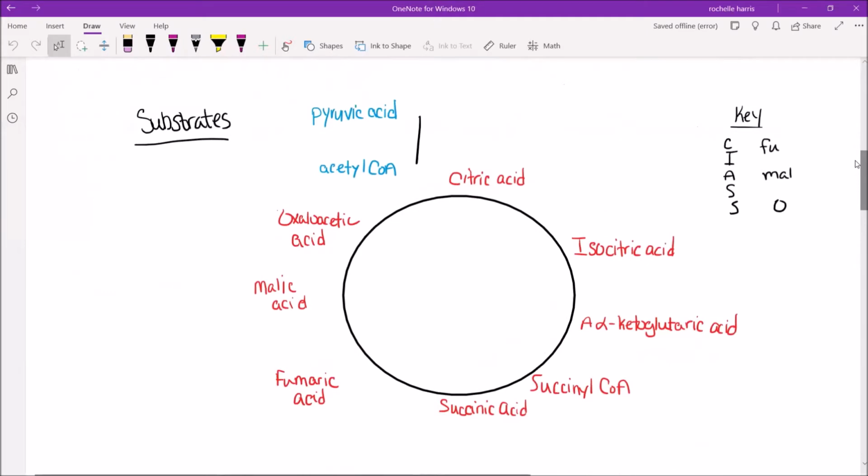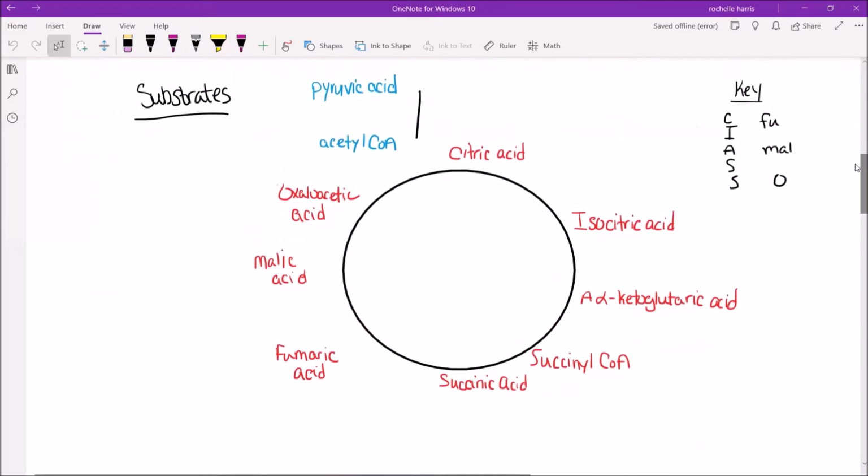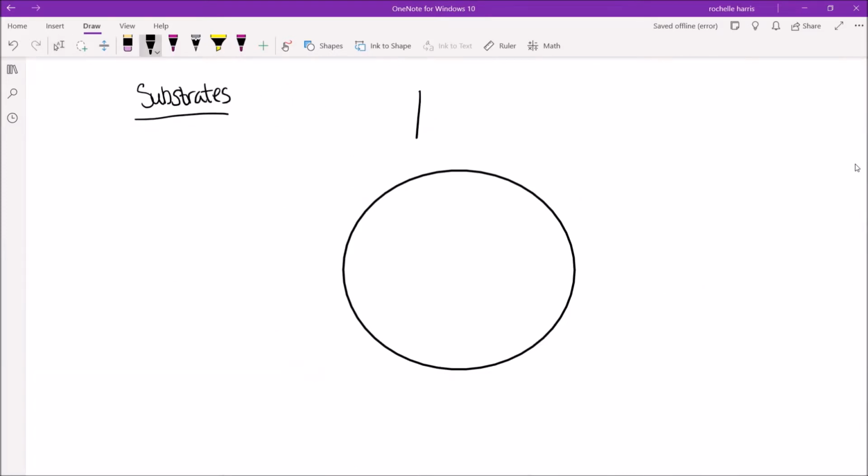First things first, how I study, how I would remember this, is by breaking it up and color coding it. So the first thing I want to do is write a key.